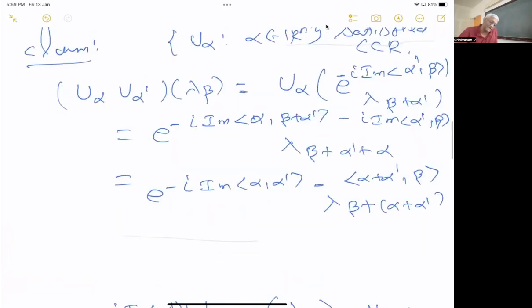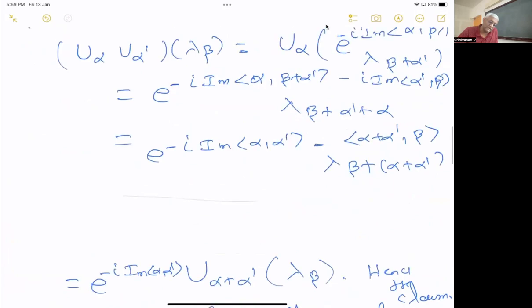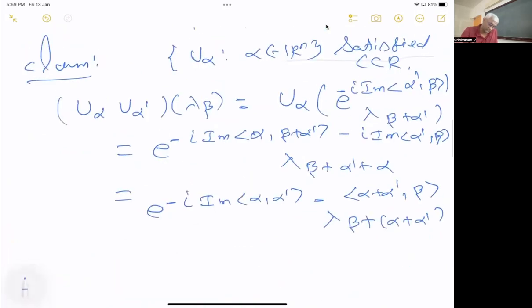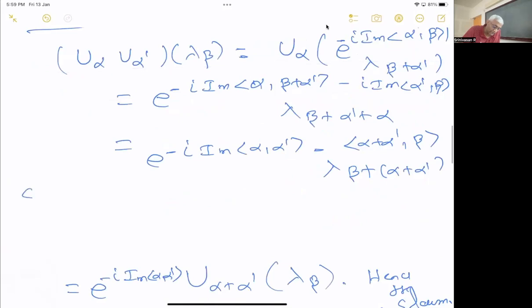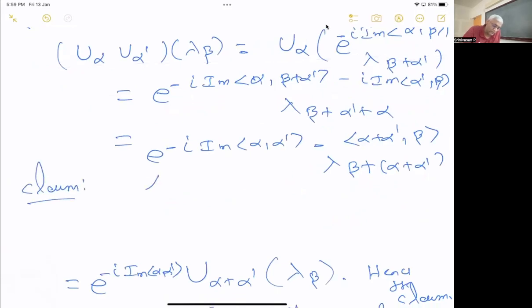Here I have to verify that U alpha satisfies CCR, and U alpha is also strongly continuous. These are the two conditions.